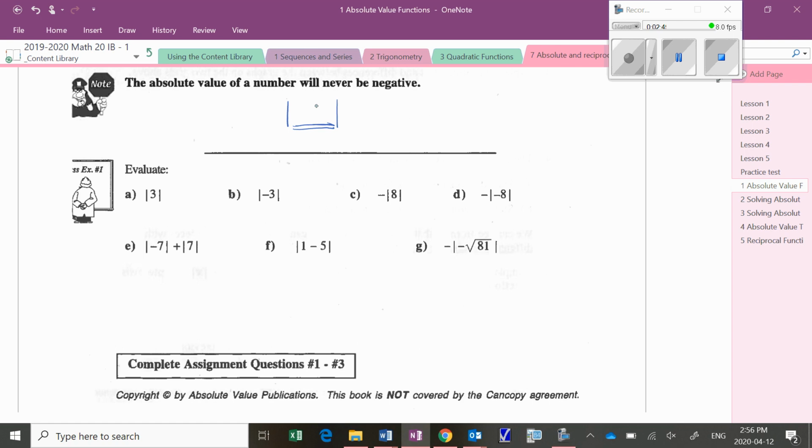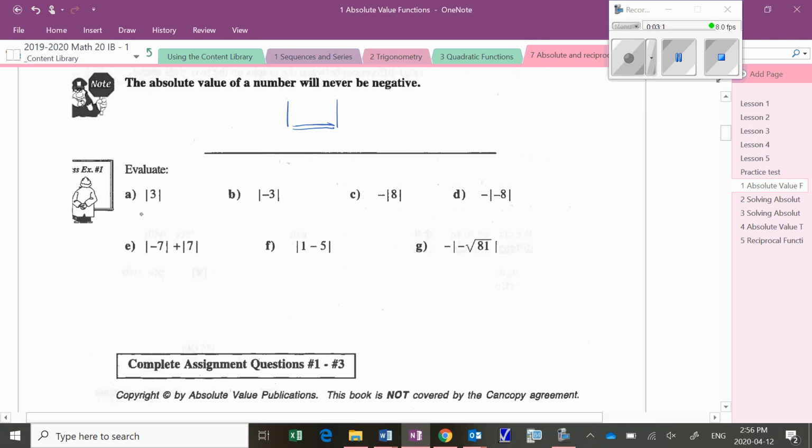It will always be positive. So if you have other things going on outside, so for example, if we looked at C or D or G, then it's possible that it could actually be negative. Okay, so let's take a look then.